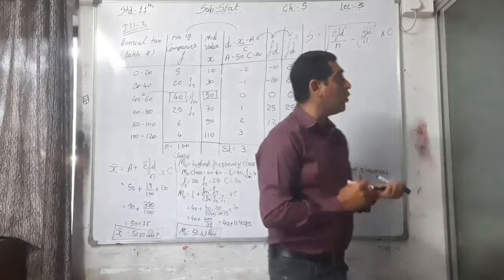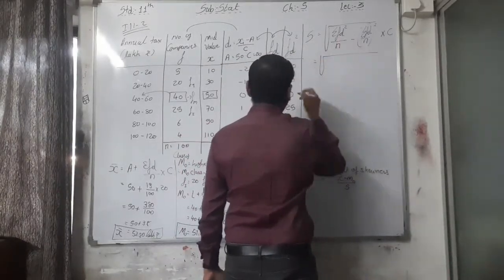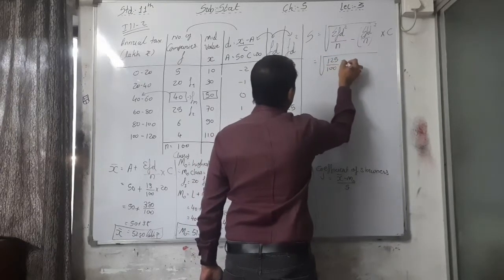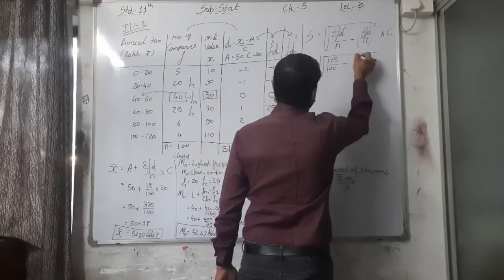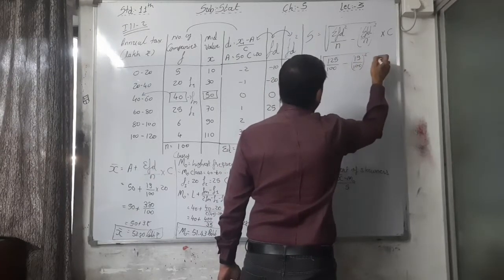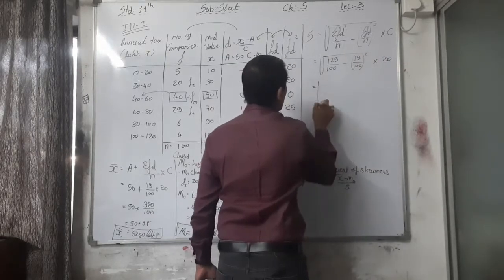And now put the values into the formula. FD square is 125 and 100, minus (19 divided by 100) all square, into 20, after square root.